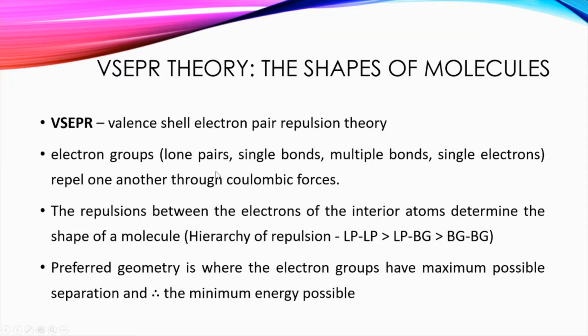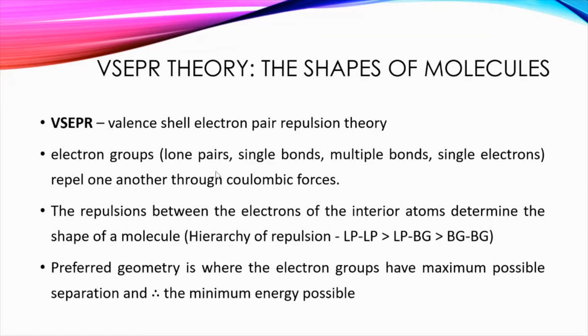So if you have a lone pair, that is considered to be one electron group. Everything has the same weight. A single bond has the same weight as a double bond and a triple bond, okay? So when you're counting your groups, you count lone pairs as one, single bond is one, double bond is one, and triple bond is one, okay?